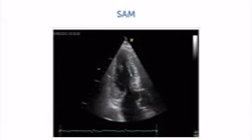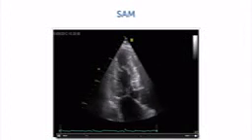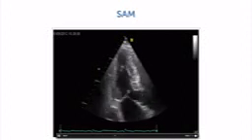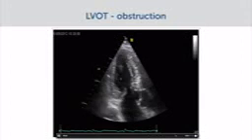And the reason we see this is because sometimes we have an additional sign which we call the SAM, or systolic anterior motion. Here is such an example. You see that during hypercontractility, and especially in situations where the LVOT is very small, the anterior leaflet of the mitral valve is dragged or pushed or pulled towards the septum and therefore obstructs the LVOT and therefore causes flow acceleration here.